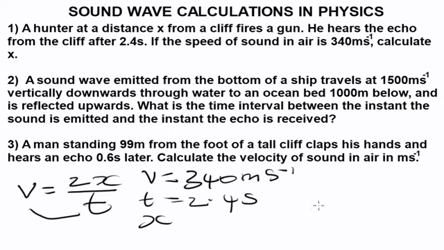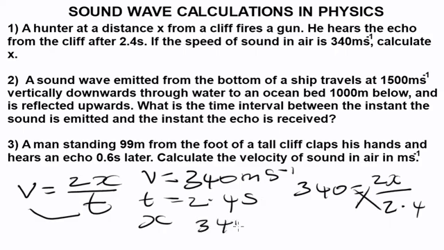So when you do it, you're going to have 340 equals 2 times x over 2.4. Cross multiply, and you have 340 times 2.4 equals 2x.